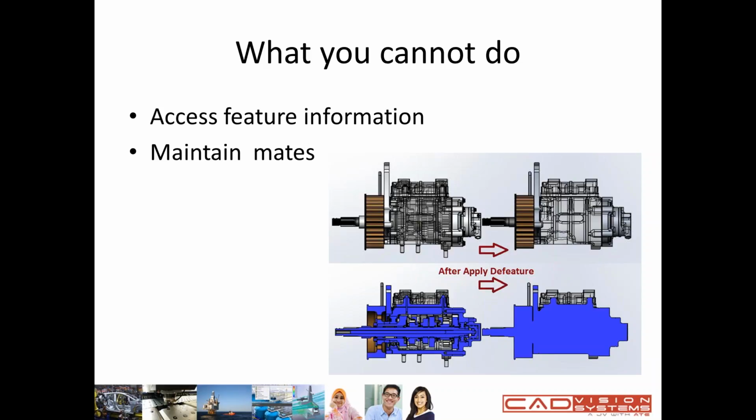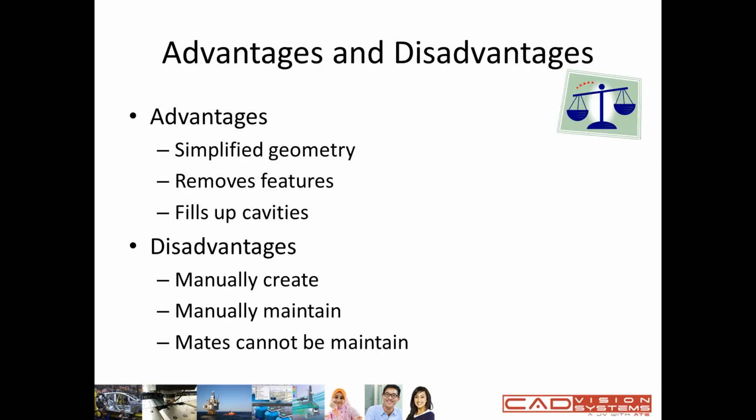But once I apply the defeature, as you can see on the right hand side in transparent mode, the inside is replaced by a dumb solid. So when I do a section view, it comes out as a whole solid that replaces all the cavities. But we are still able to see the mass and center of gravity.